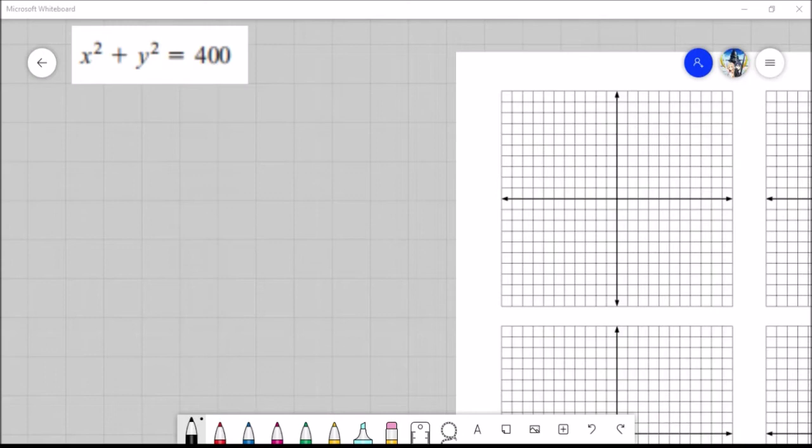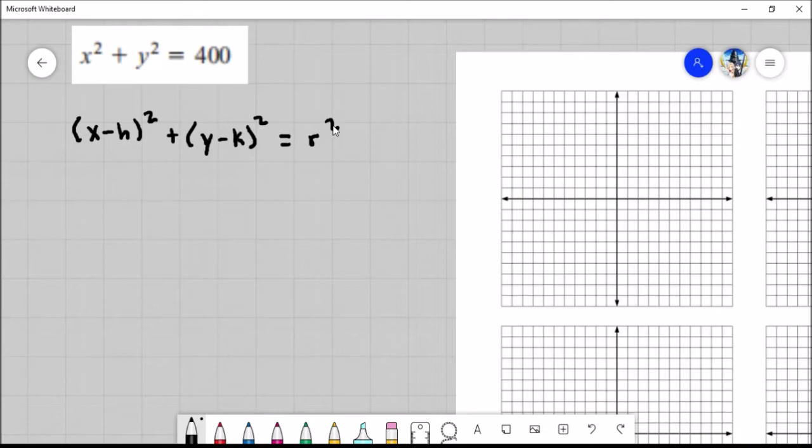The most general form of a circle I would give you is this here: in parentheses, we have x minus h, that quantity squared, plus the quantity y minus k squared, all equal to r squared.